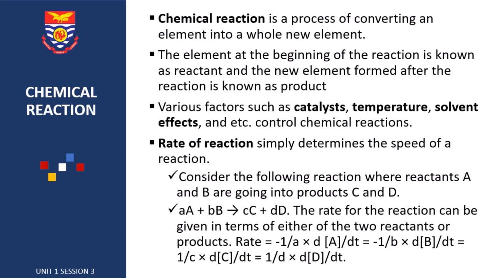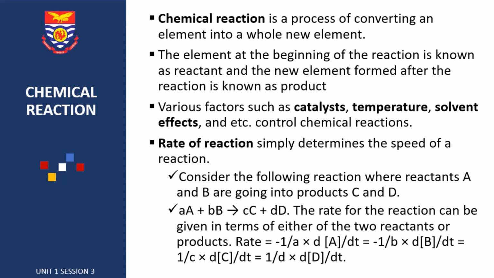So we can define a chemical reaction to be the process of converting an element into a whole new element. The elements at the beginning of the chemical reaction, we call them the reactants, and what is formed at the end of the reaction, which is the newly formed component, we call the product.